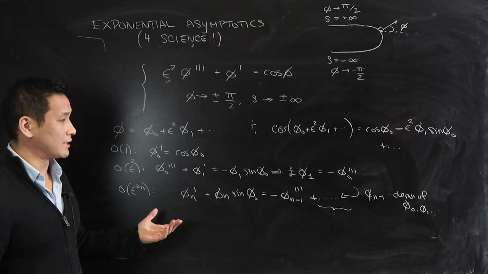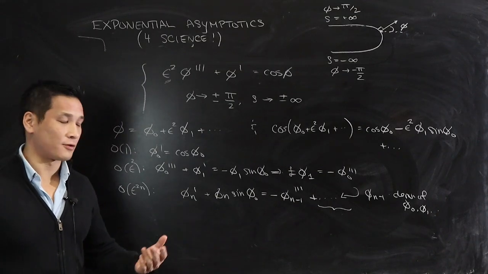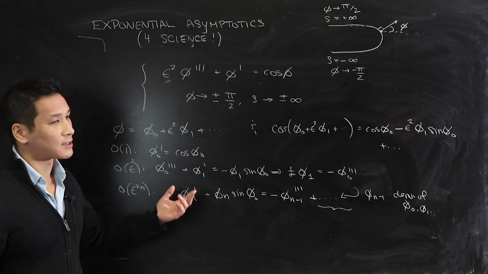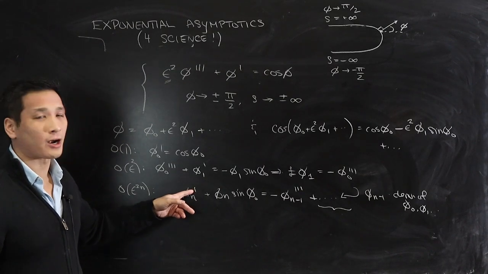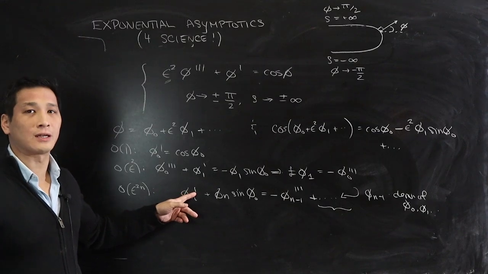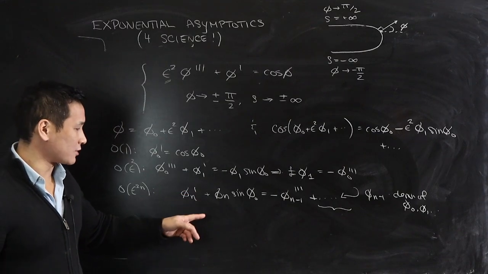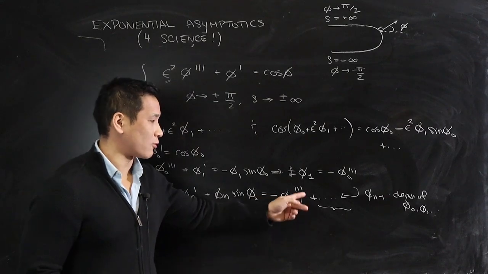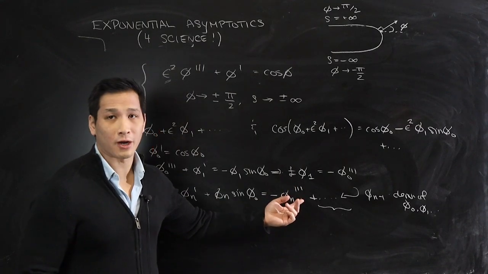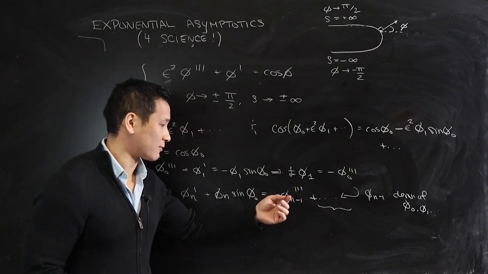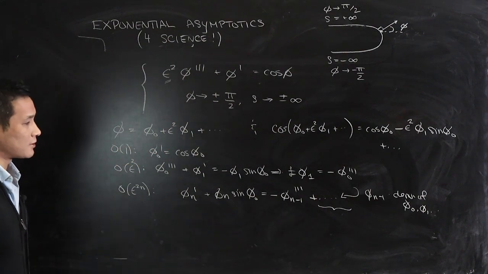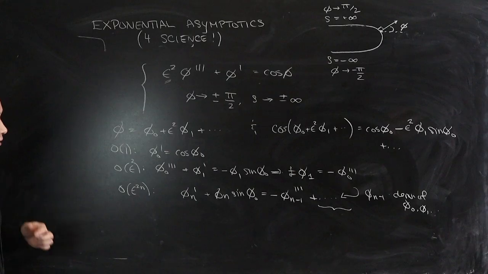And it will be the case, when you do the algebra for these late orders, which we're going to be doing soon, that in essence, every time you take a prime, this is almost like shifting the index by +1. So you see that this phi n prime is then roughly going to be the same order as this phi n minus 1 triple prime. It's not quite a shift of +1. And then this will be involved in the next order. Okay, so that was a little bit confusing, but you'll see quickly what the trick is.